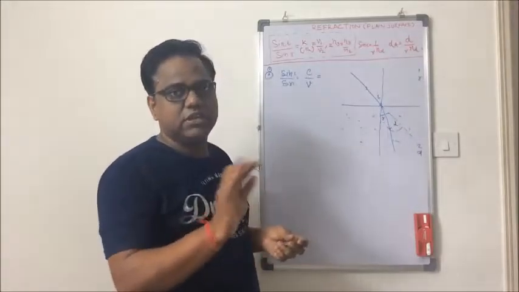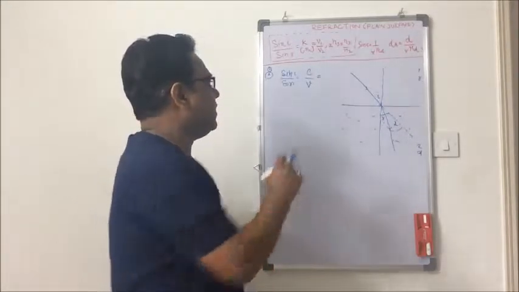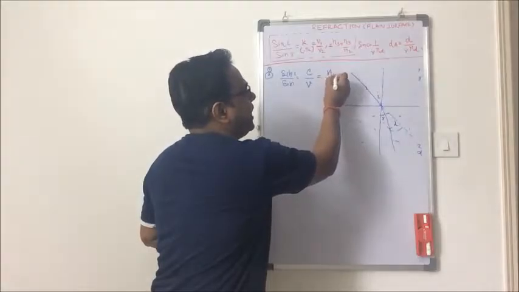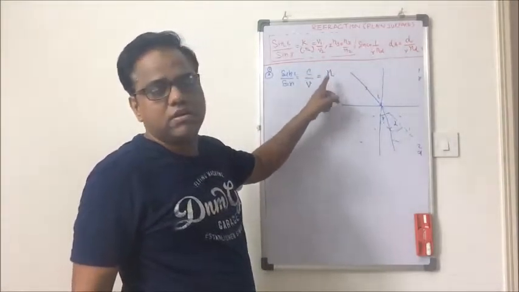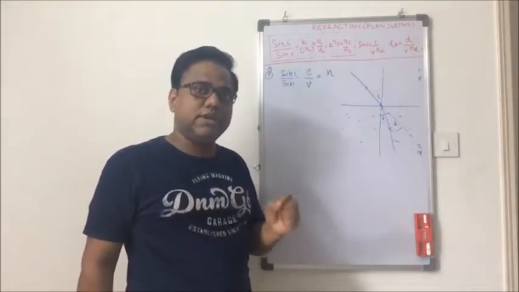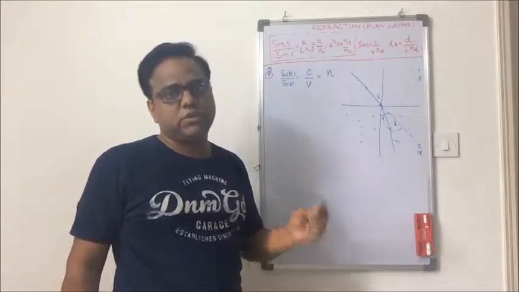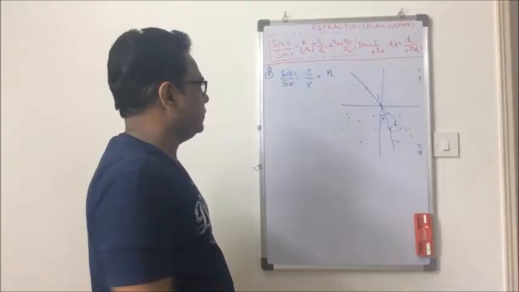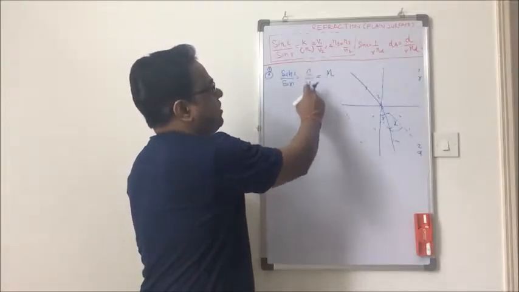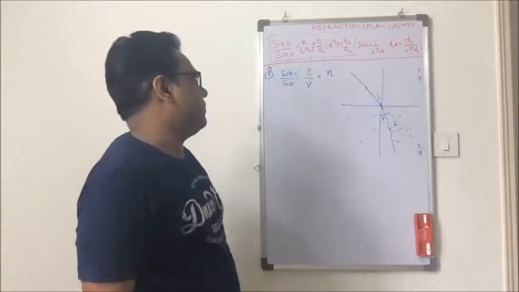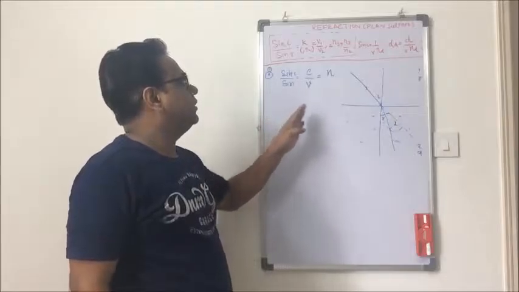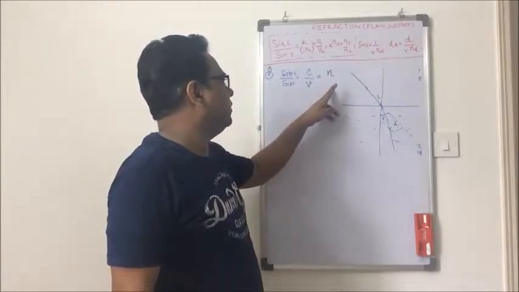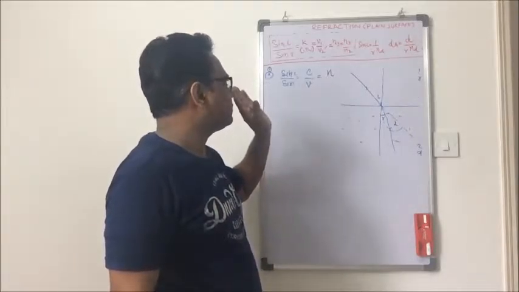We take both of them as the same, and we just denote it as n. When we say n, it is the refractive index of the medium with respect to air or vacuum. So c by v equals n. Very simple thing to learn and remember.